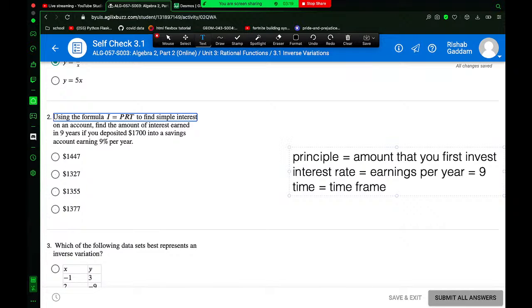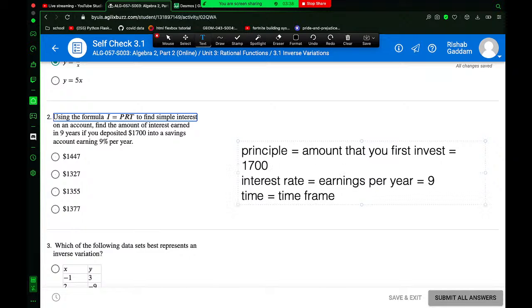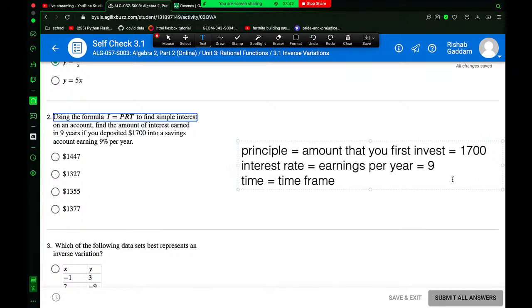The principal it says is $1,700, and the time frame is 9 years.